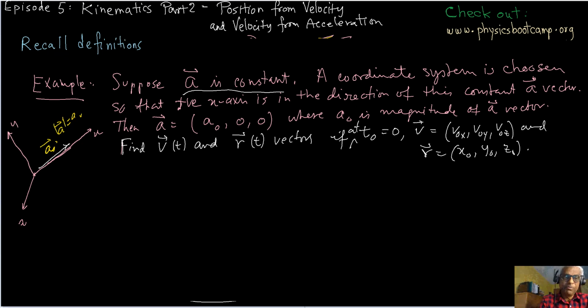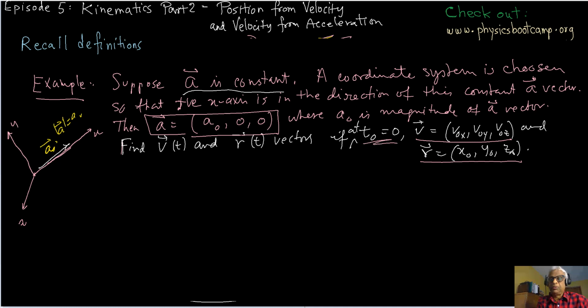So I just pick axes so that when I do the components, this component comes out like that for acceleration. Now, in this problem, it's also given that velocity is like that, and position at 0 time is this way.